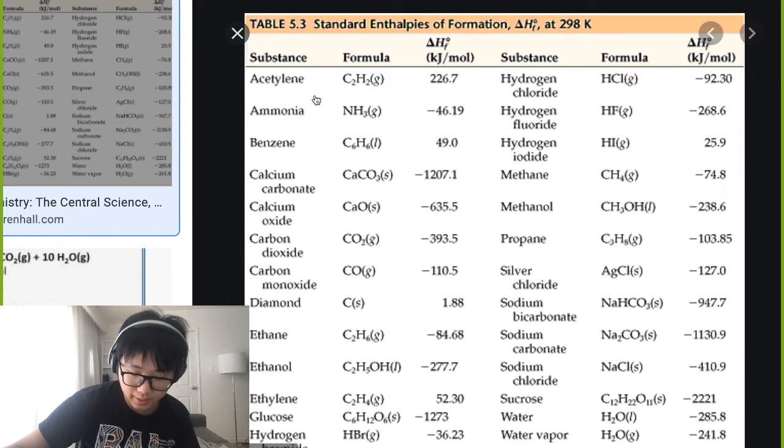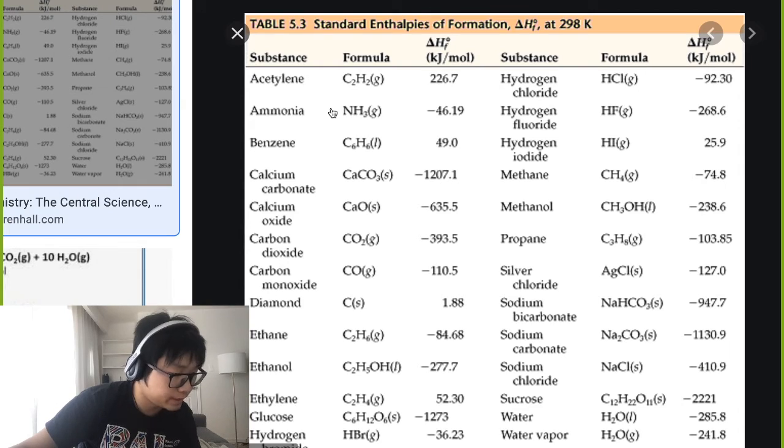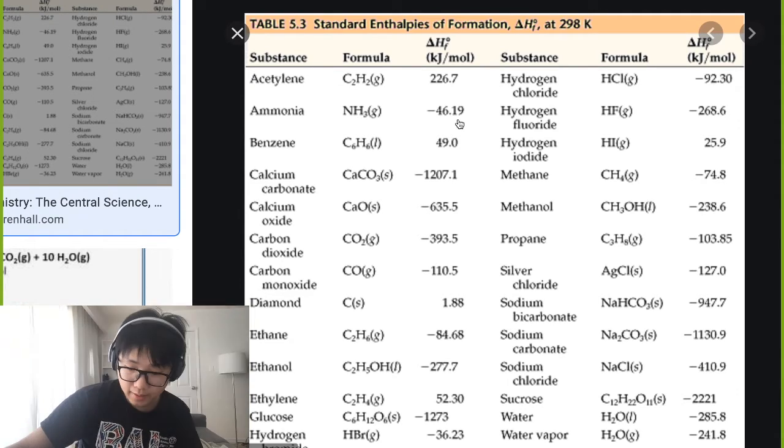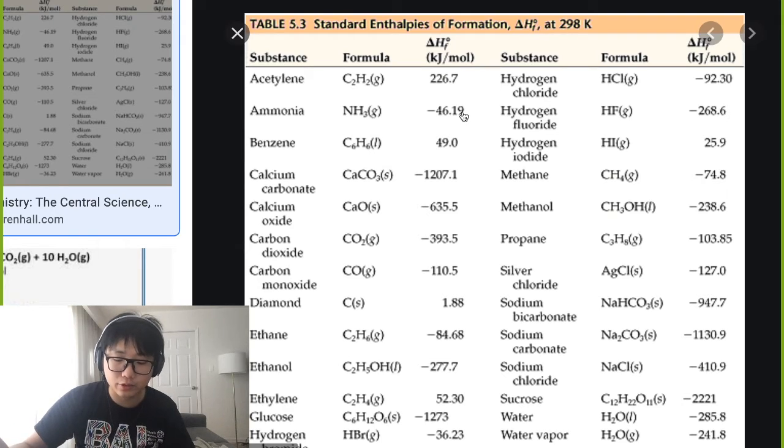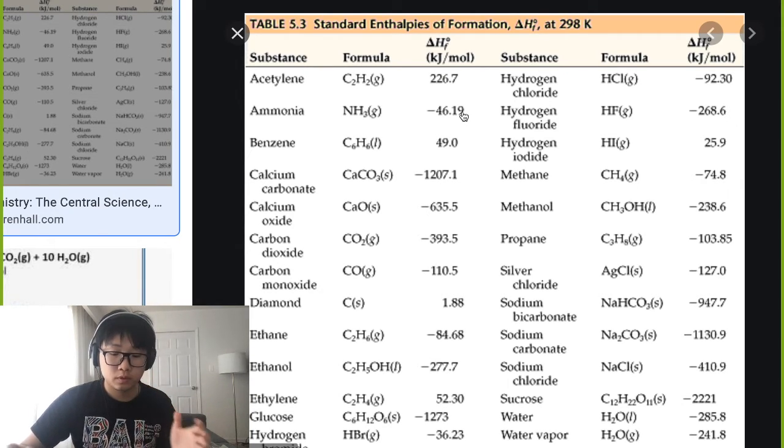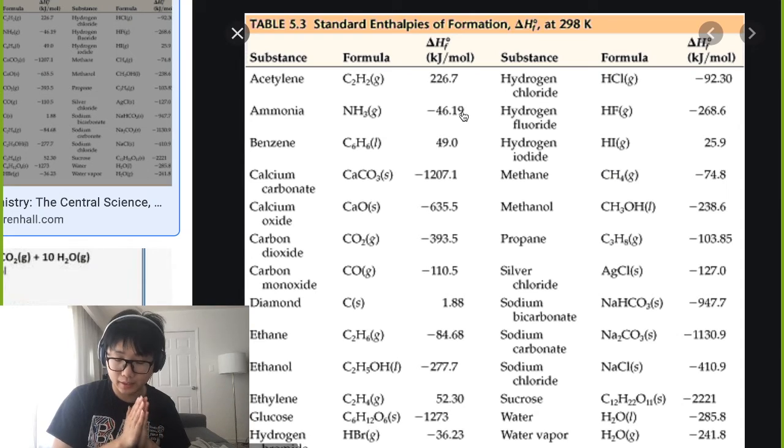Let's say something like ammonia, NH3. At 298 Kelvin, it actually releases heat when you are putting together NH3 from its own elements. Heat of formation basically means NH3 coming together from its elemental forms.